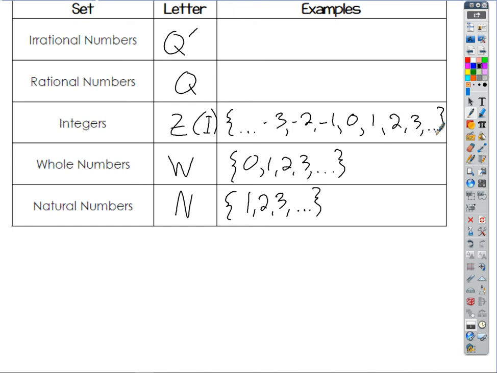Is that weird to say from negative infinity? That's how we talk about it in math. A mathematician would say this is the set that extends all the hashes on a number line from negative infinity all the way up to positive infinity. It's a little weird to say it that way because it almost implies that you can get there. Can you? No. Infinity is not a number.